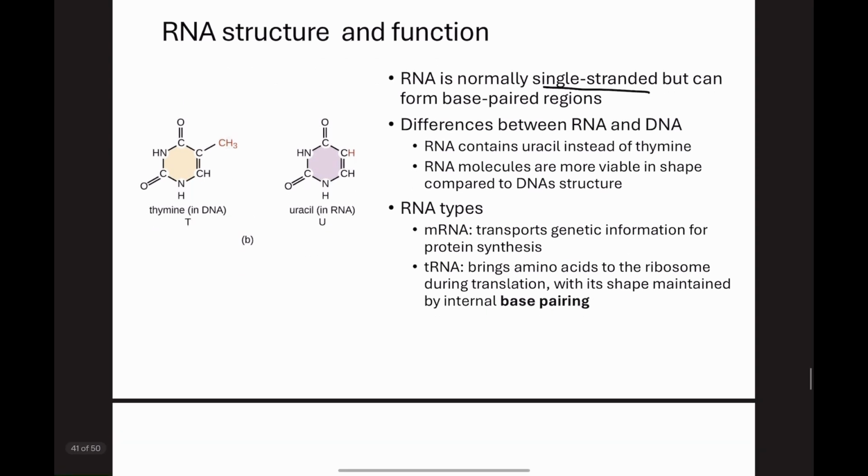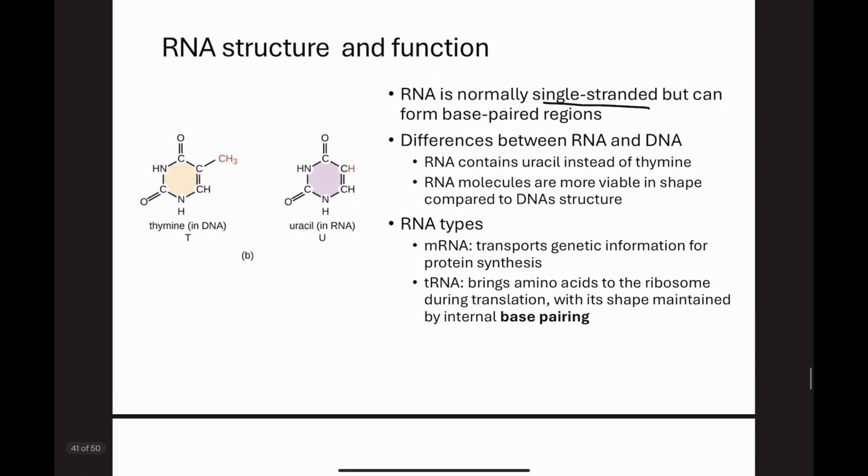And that's where we find out that we have different types of RNA. We have mRNA, which transcribes genetic information from DNA to ribosomes for protein synthesis. We have tRNA, transfer RNA, which forms base pairing and transfers the amino acids to the ribosome for polypeptide formation.